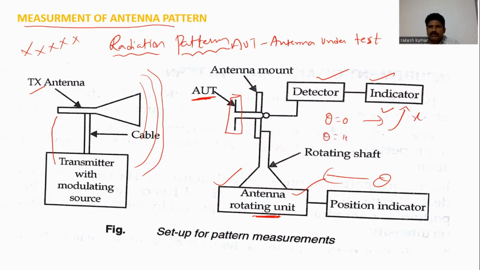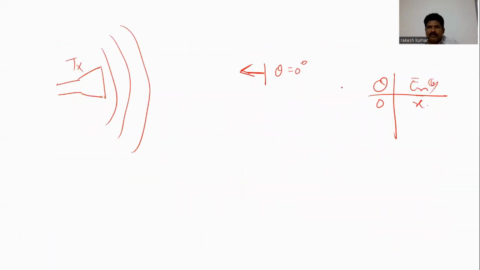For example, at theta equal to 10 degrees, I will rotate my antenna by 10 degrees using this antenna rotating system, and note down the value. Slowly I will rotate my antenna, but the transmitting antenna is fixed.